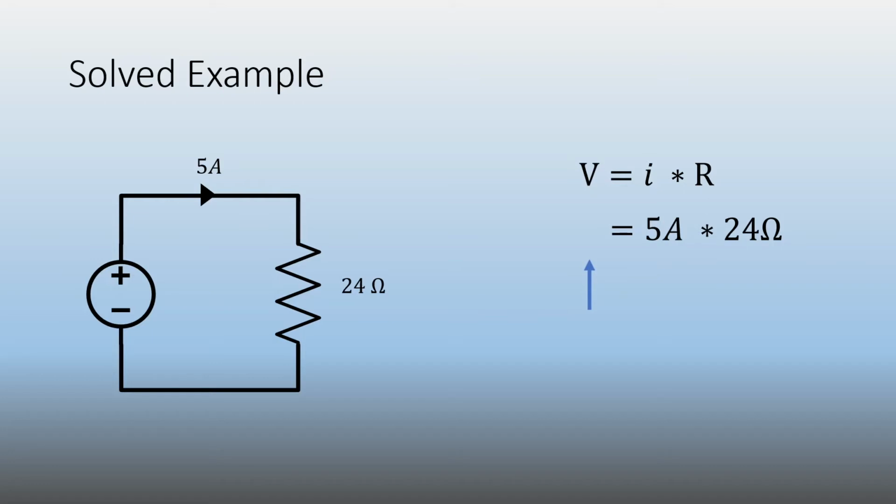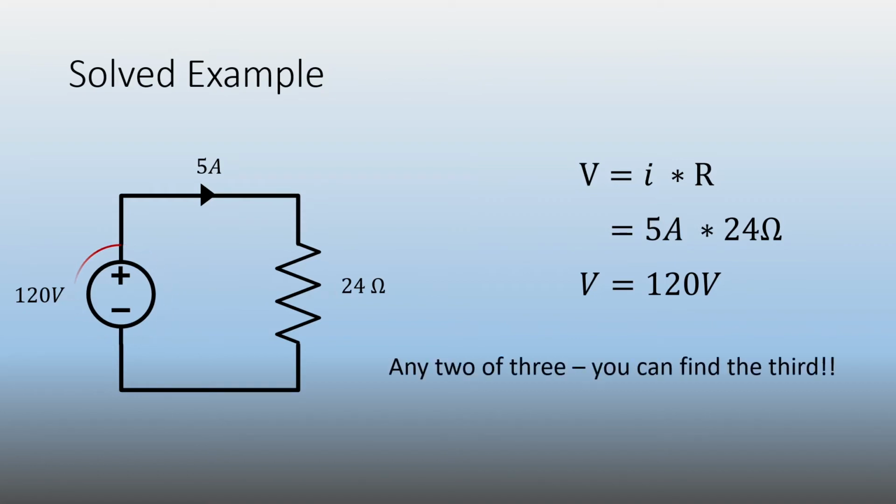We do the calculation and find 120 volts. Remember what this symbol stands for? It is a voltage source. Sure enough, that is the source for the 120 volts needed to move the 5 amps. This means that if you know any 2 of the 3 components in Ohm's law, you can find the third. If you were given the voltage and the current, you could find the amount of resistance in the circuit.